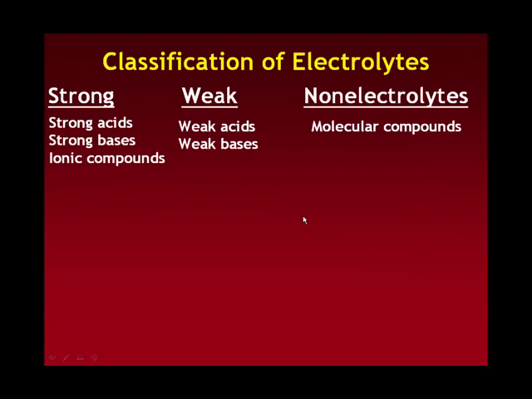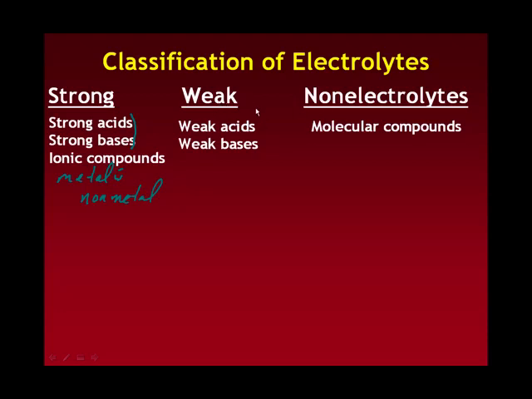Now, here's your classification of electrolytes. In your strong electrolyte category, you have strong acids and strong bases, which we haven't really talked about yet. We're going to talk about those more in the third section. And then your ionic compounds, which I'm just going to remind you yet again, metal with nonmetal. Okay, they have ionic bonds.